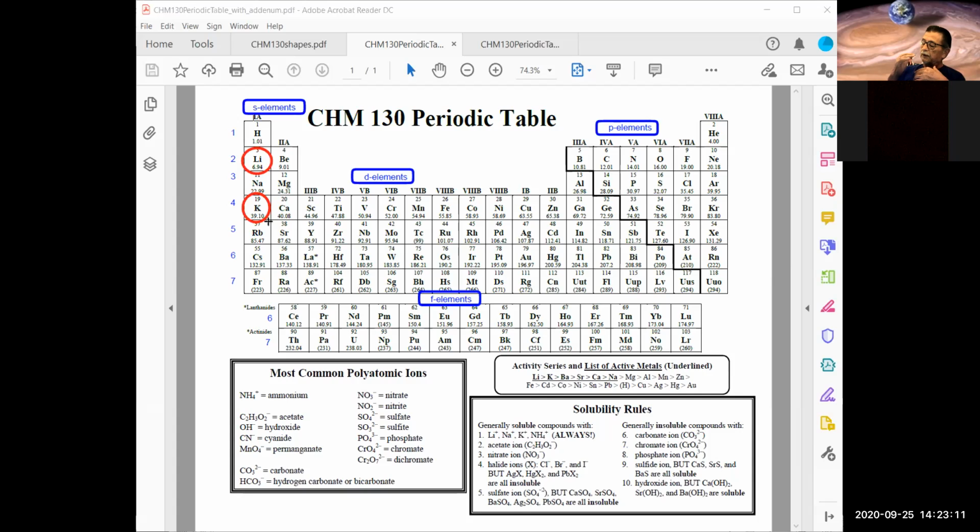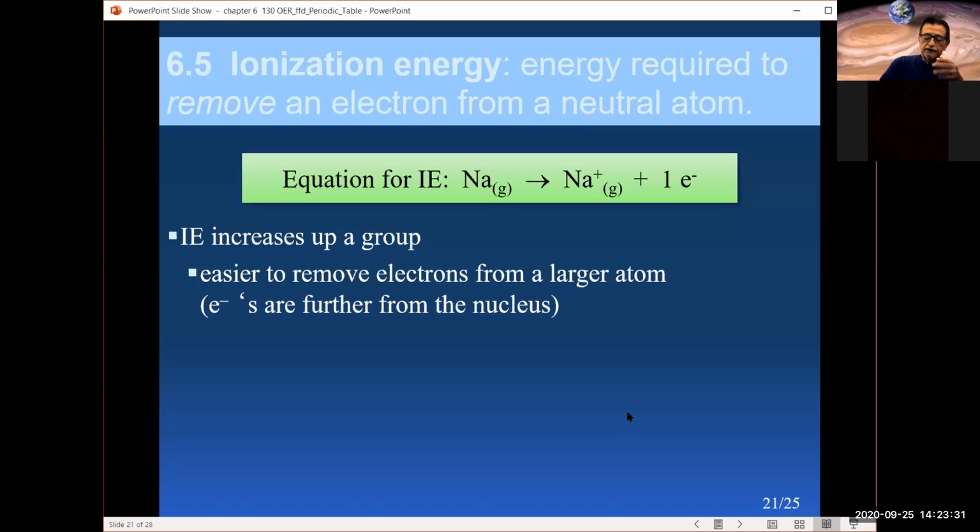But if I have an electron that's 5 miles away, yeah, there's an interaction occurring, but not as strong as if the electron was 1 mile away, okay? And so, with that being the case, the ionization energy, the amount of energy necessary to pull that 1 electron away, will be much less within the group if the electron is further away from the nucleus, okay?